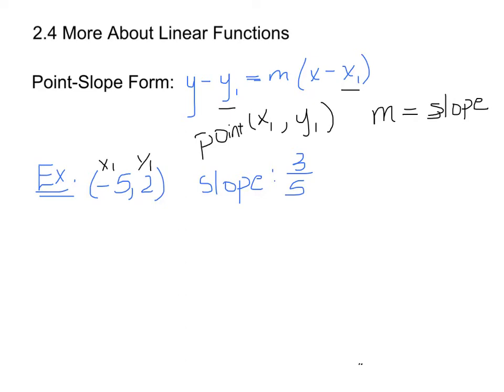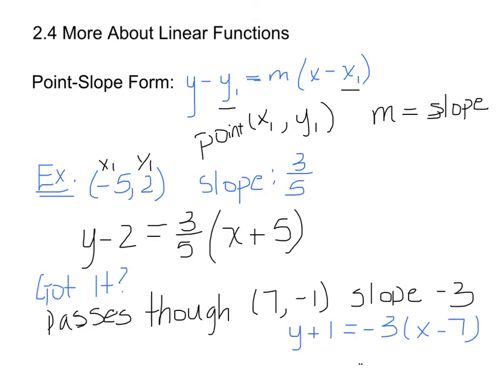So it'll be y minus 2. And if you notice, here again, here's my x1 and y1, and this is m. So labeling helps you to plug everything in. And so my equation will be y plus 1 equals -3, in parentheses x minus 7. And notice that -1 became positive because of the formula.